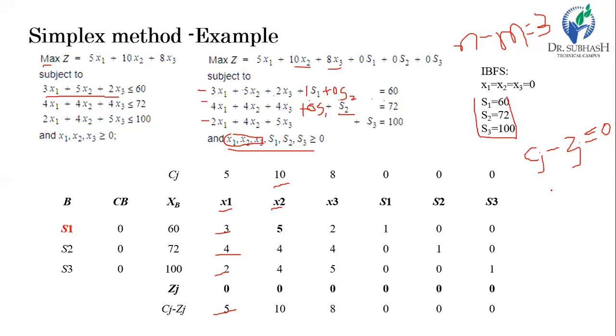But here there are three positive values in Cj minus Zj, which are 5, 10, and 8 for x1, x2, and x3 respectively. So our problem is not optimal.